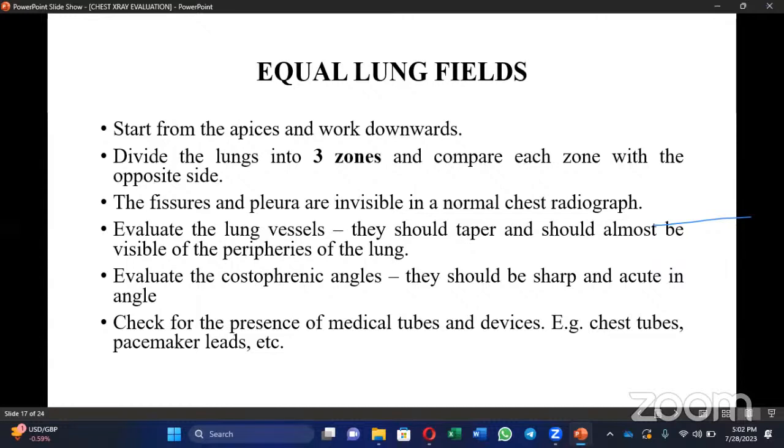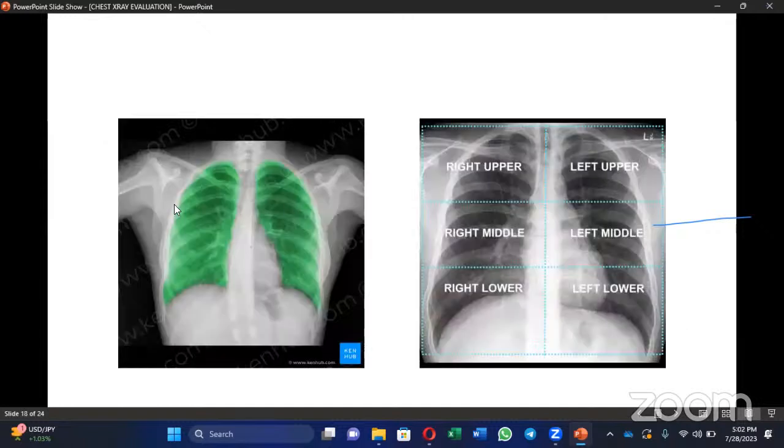Always, when we are looking at the lung fields, we divide the lungs into 3 zones. Then we compare each zone with the opposite side. Example is here. This is the lung field, and it is being demarcated into 3 zones.